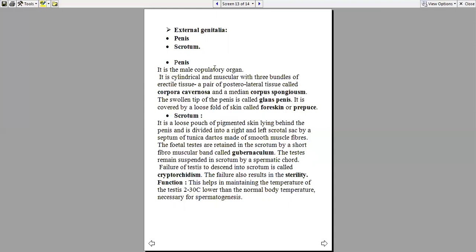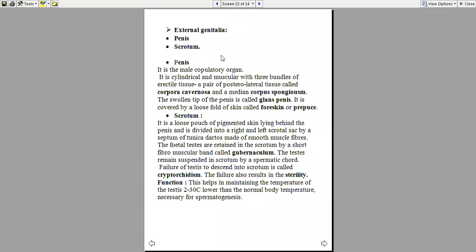The penis is cylindrical, muscular, with three bundles of erectile tissue. It is a copulatory organ, so it is an erectile organ, and as it is an erectile organ, it shows the presence of three bundles of erectile tissue. You can note here the three bundles.